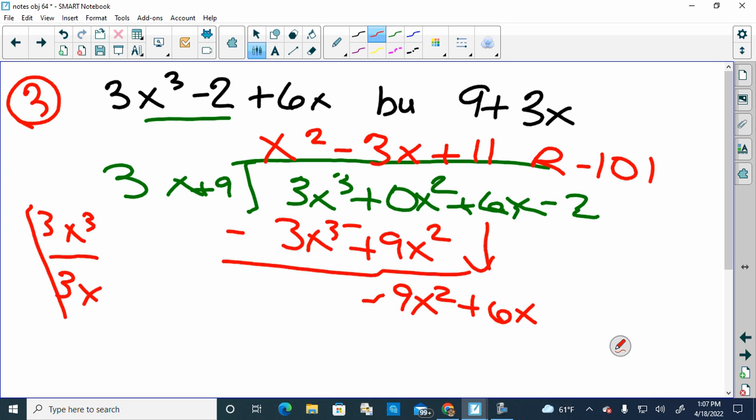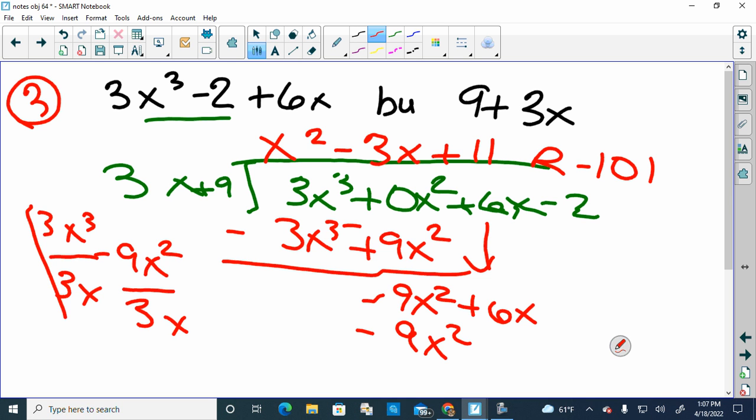So now start over. This divided by that. So negative 9x squared divided by 3x. 9 divided by 3 is going to be 3, and then there's still an x left. Good? Okay. And it was negative, so negative 3x. So negative 3 times this would make, and again, it should match before you switch the signs.